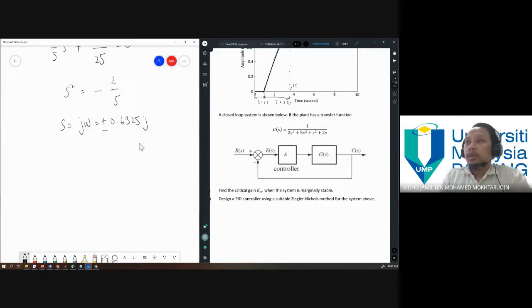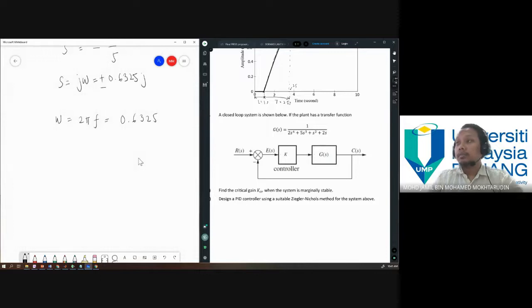So the frequency is 0.6325. So we need to find the period of oscillation. So period PCR equals 1 over FCR, and 1 over FCR equals 2 pi over omega CR.